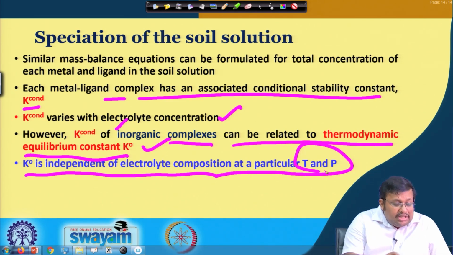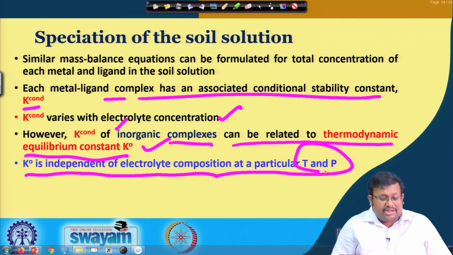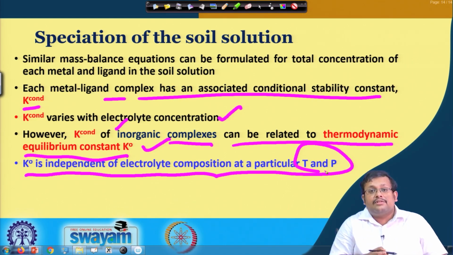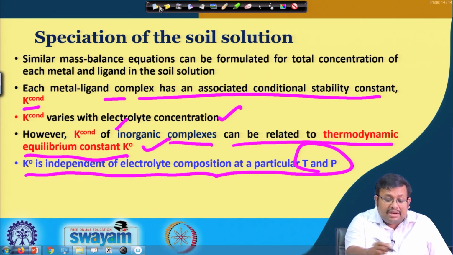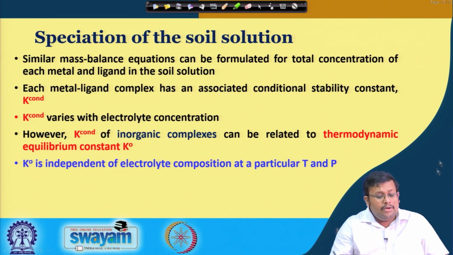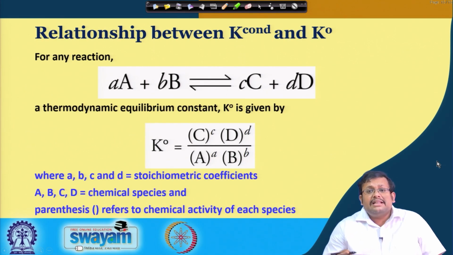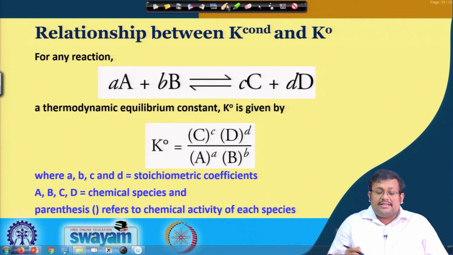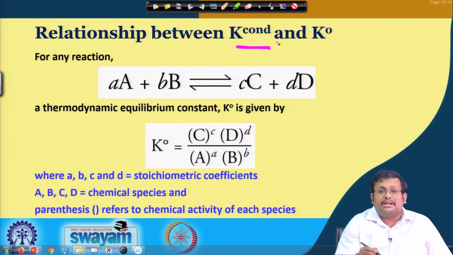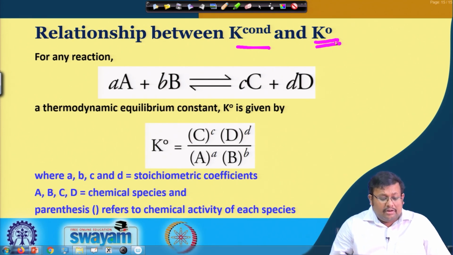So, although the conditional stability constant varies with electrolyte concentration, the thermodynamic equilibrium constant K0 is independent of electrolyte composition at a particular temperature and pressure. What is the relationship between these two constants? One is K condition, the conditional stability constant, and the other is the thermodynamic equilibrium constant.